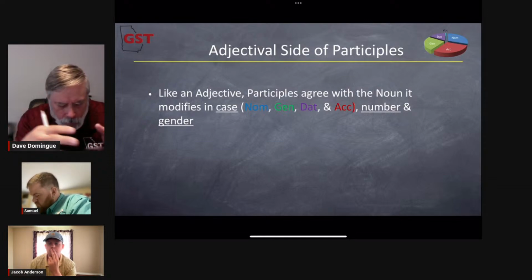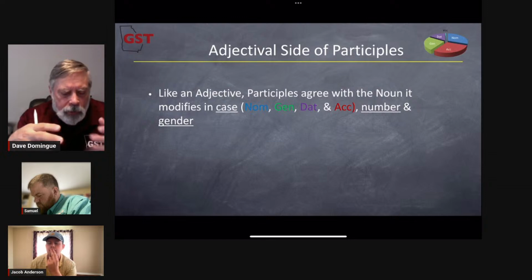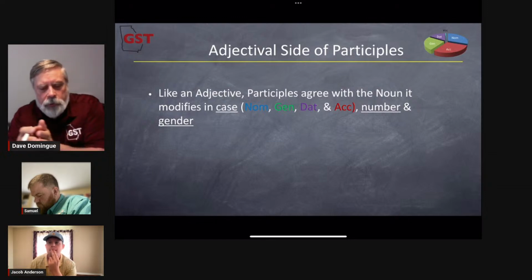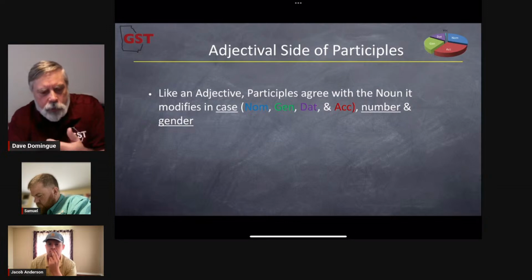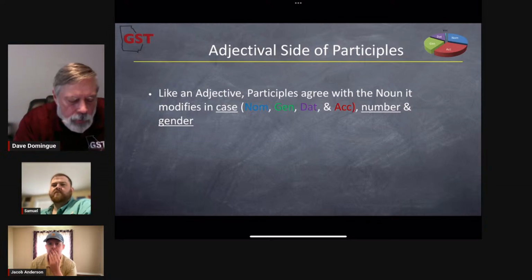I'm trying not to use the word. What morphological feature has meaning that connects the verbal side of the participle with the adjectival side? There's something in between that connects. Is it the participle morpheme? There you go. It is exactly that, the participle morpheme.